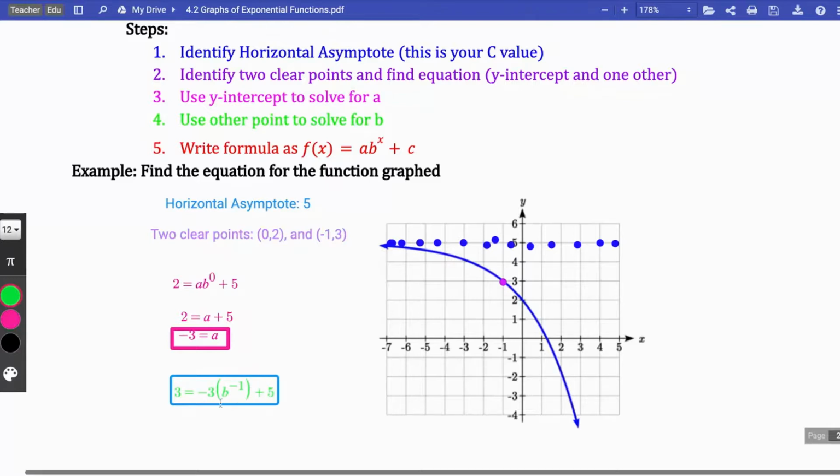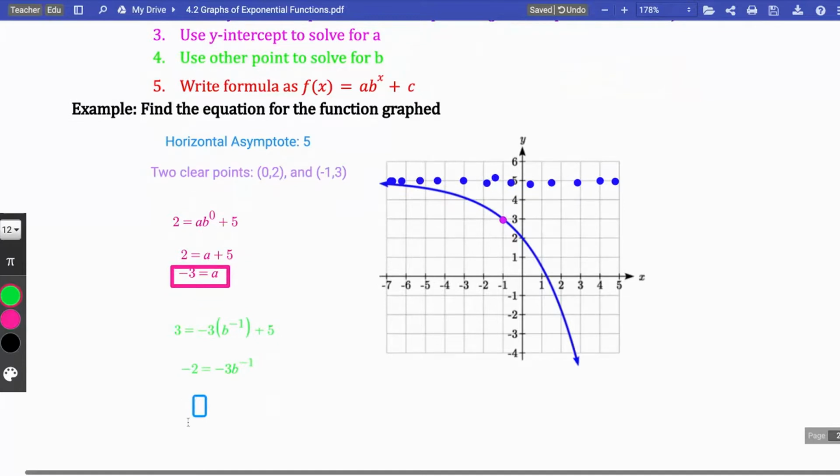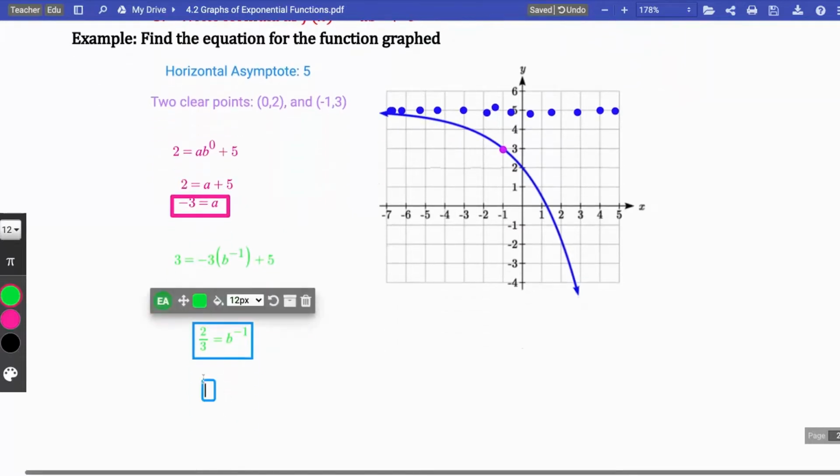I'm going to solve for b. So I'm going to start by subtracting 5. So I get negative 2 equals negative 3 b to the negative 1. Divide by negative 3. I'm going to have 2/3 equals b to the negative 1. And then this is where you're going to take the negative 1 root. And it looks weird, but you're going to get b is equal to 3/2 because it really just flips it. Okay?